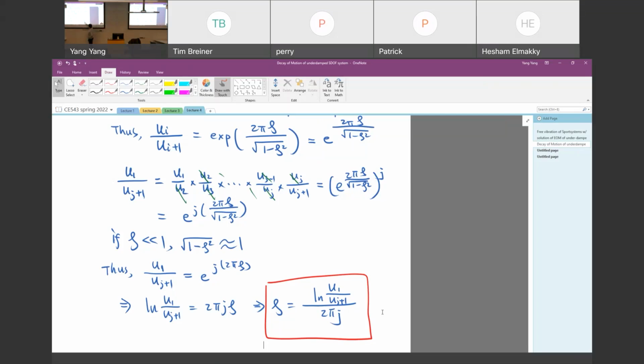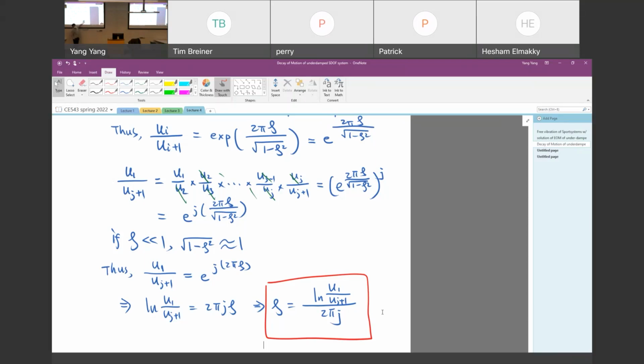So for example, J plus 1 is the J plus 1 cycle. You may pick J equal to 1, so this is the first cycle, this is the second cycle. If we had a system with 10,000 cycles, J could be 10,000. If you have 1,000 cycles, you may pick J equal to 1,000.